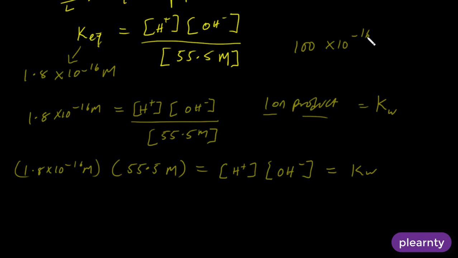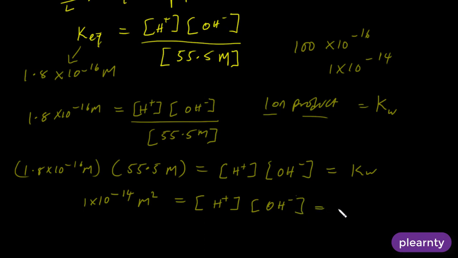So this reduced twice, which makes it 1 times 10 raised to power minus 14. So when you have 1 times 10 raised to power minus 14, molar and molar, that makes it molar square, is equal to the proton concentration multiplied by the hydroxyl ion concentration, which is also equal to the ion product.